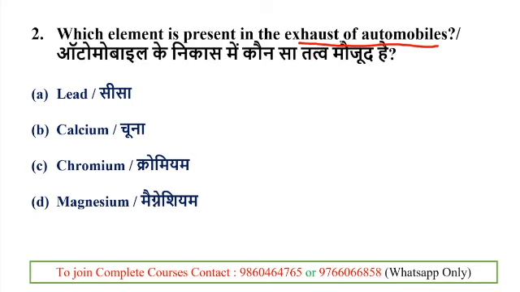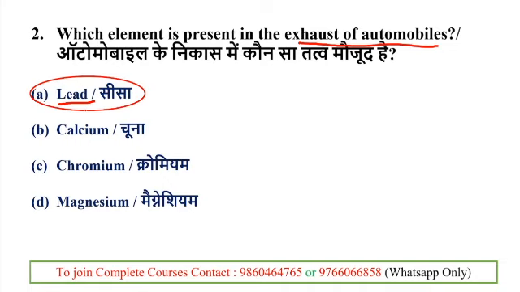Here the exhaust of automobiles means the emissions of automobiles will contain which of the following elements. And this is the important one, the lead. So the lead is the one contained in the exhaust of automobiles.